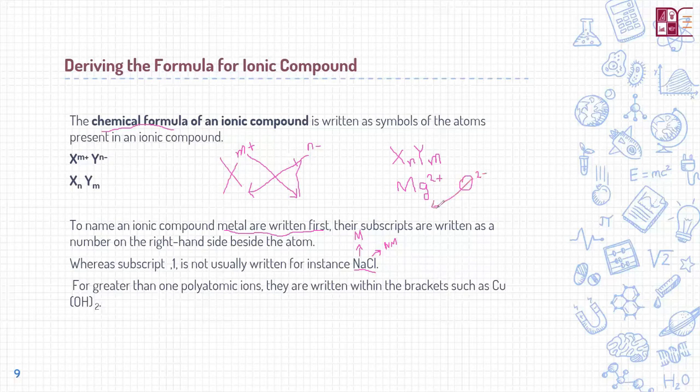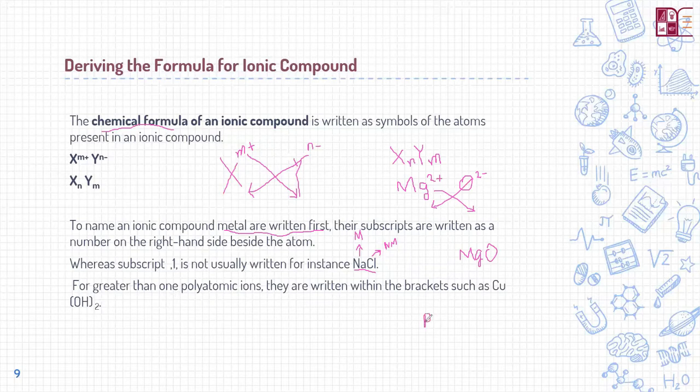So they both have an equal number of electrons being transferred, so they will just cancel, and it's going to be MgO.